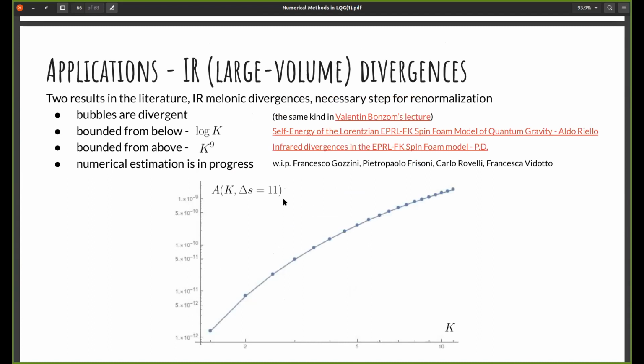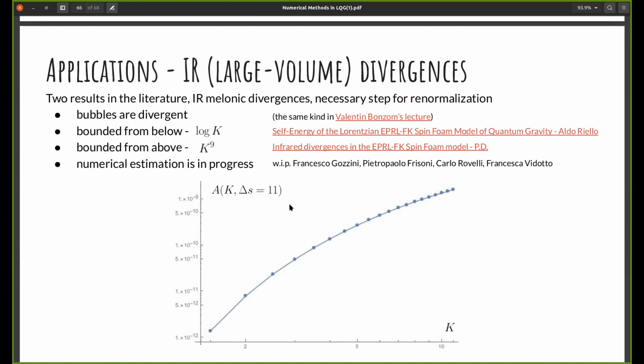There are some preliminary results. The problem here is that I don't think we have a high enough number of shells available to reach a conclusion. We just see that they are kind of diverging.